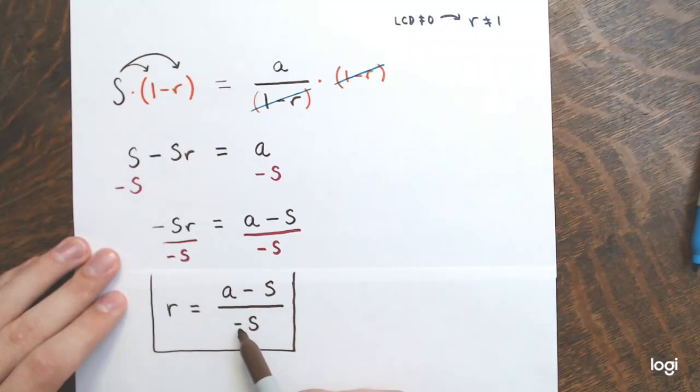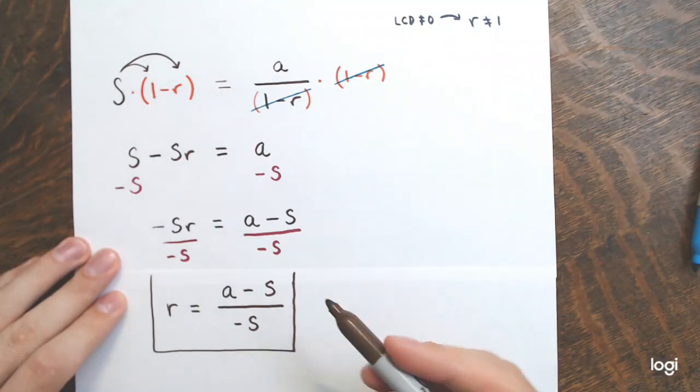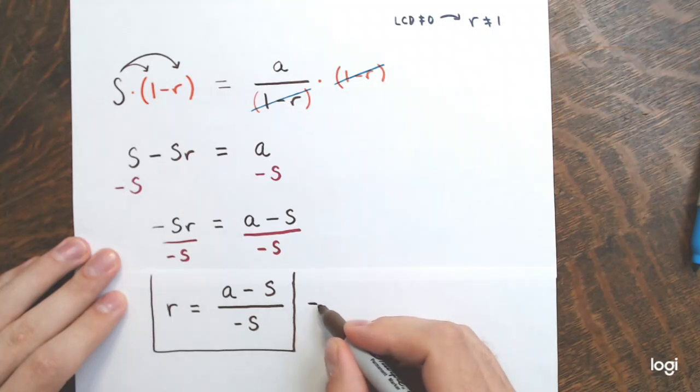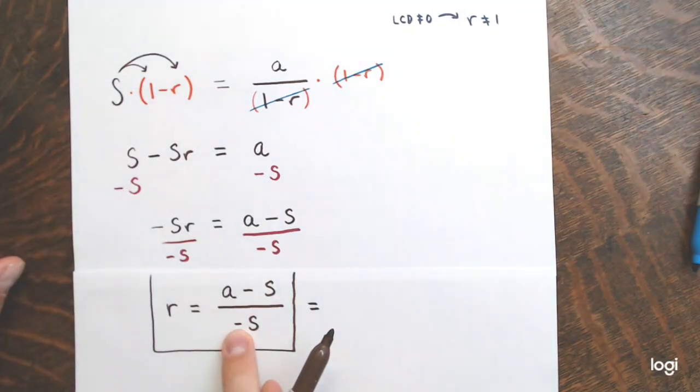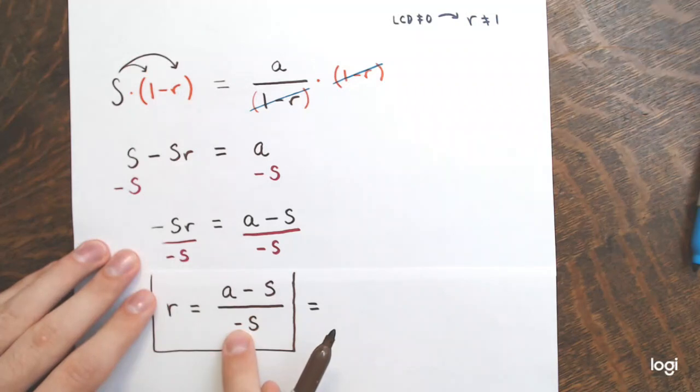But people tend not to like a negative sign in a denominator like this. So you could also do this, where this is like negative 1 times s. It's like you have a factor of negative 1 down here. You could move that factor around.